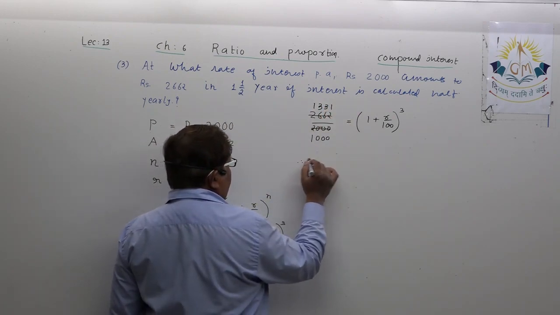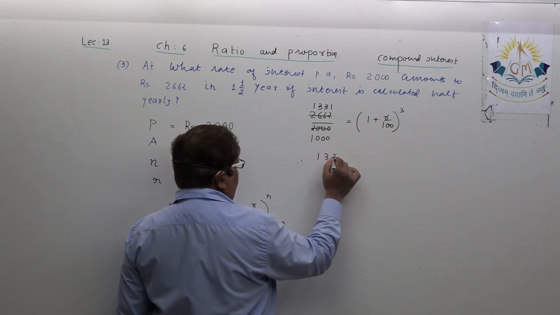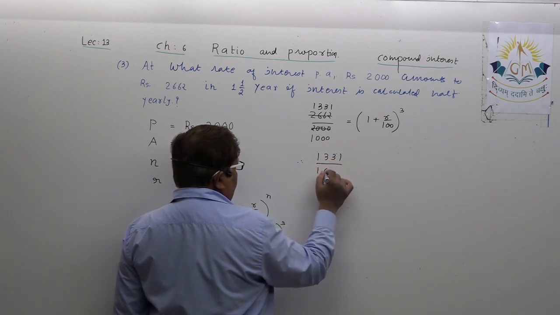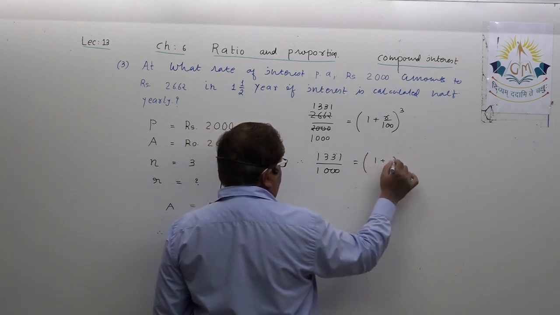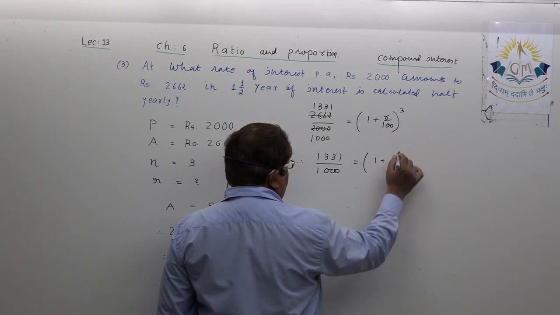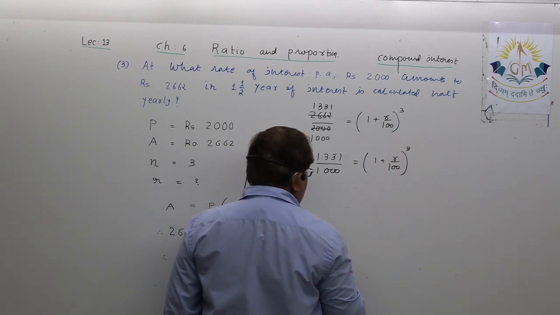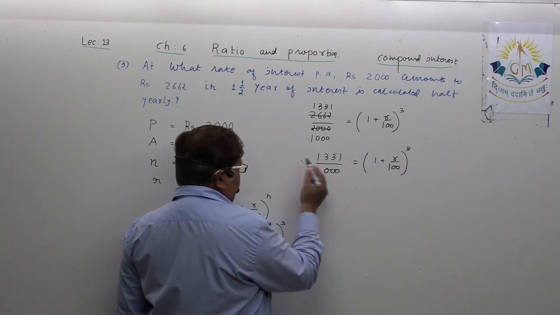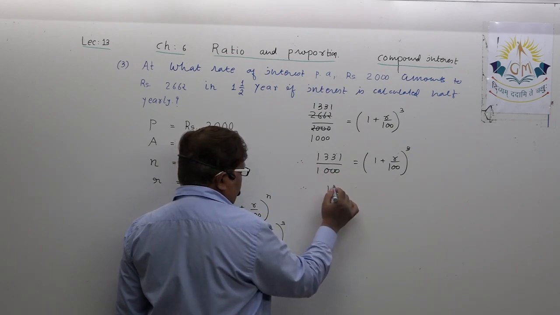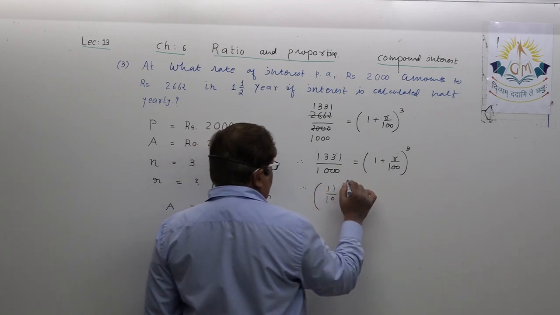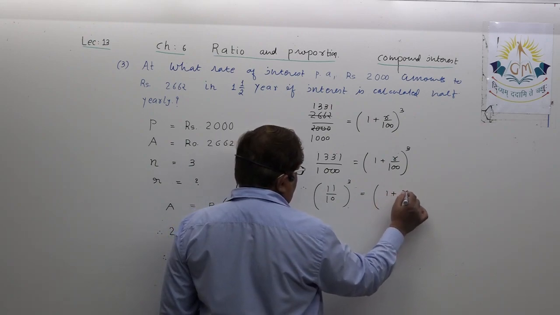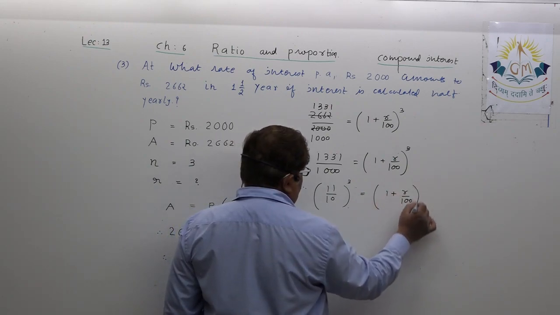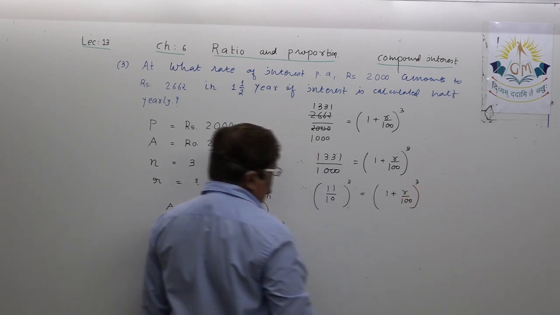Now the sum is looking like the previous one, actually the previous example with minor modification of the data. 1 plus R upon 100 raised to 3. Obviously, dear student, you can recall the first one: 11 upon 10 raised to the power of 3 equals 1 plus R upon 100 raised to the power of 3.